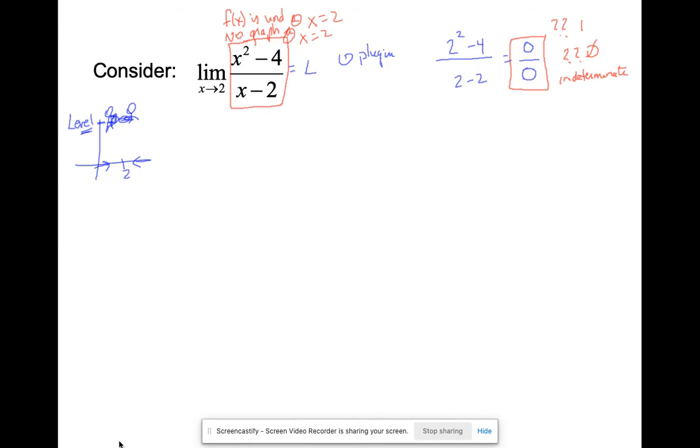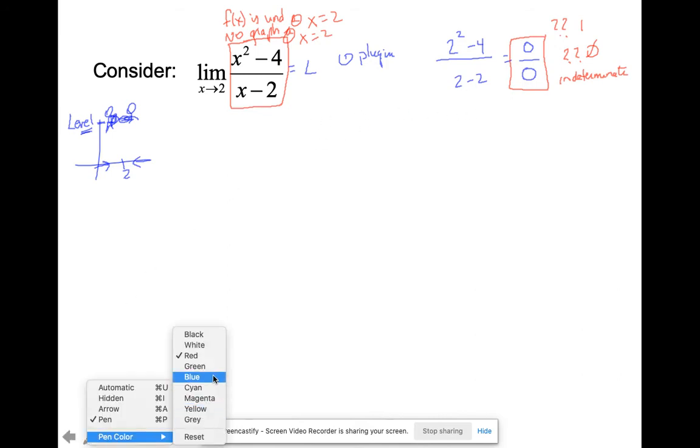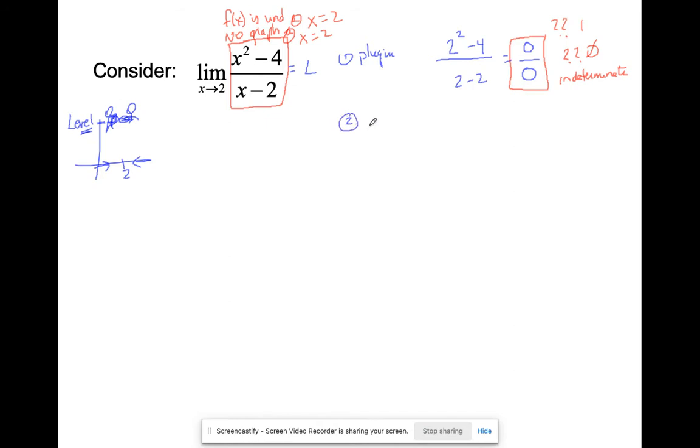But when you plugged in and got 0 over 0, I taught you to try algebra and see if algebra got you out of that situation. And sure enough, this was a very simple algebra 1 factoring situation. And then you replugged in. And you really were looking at this.